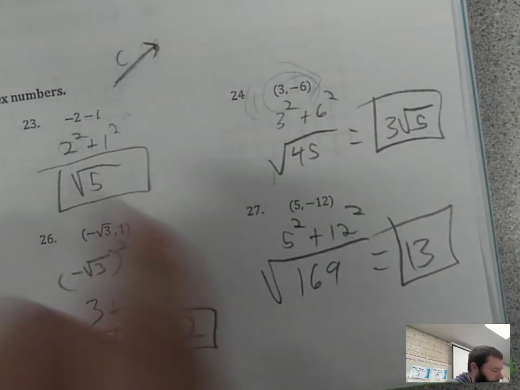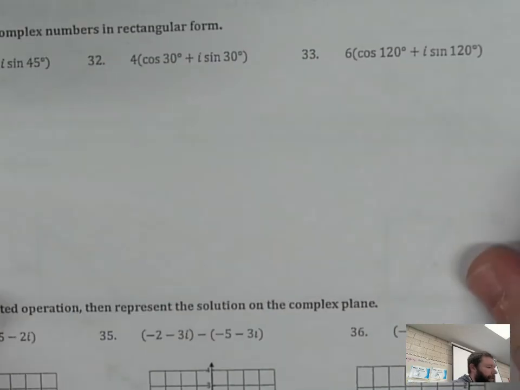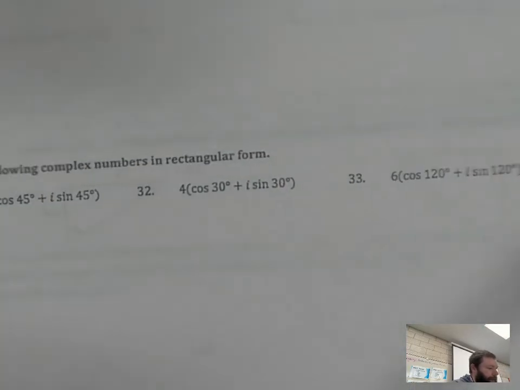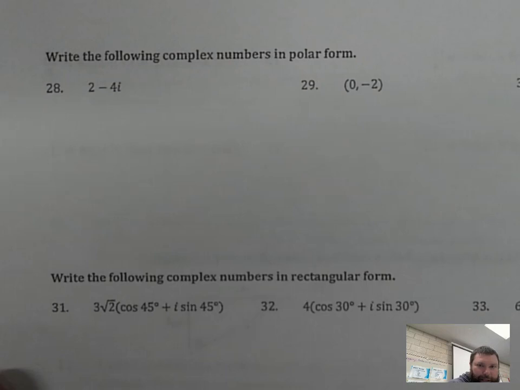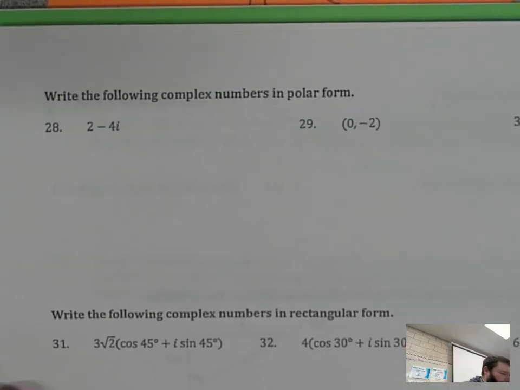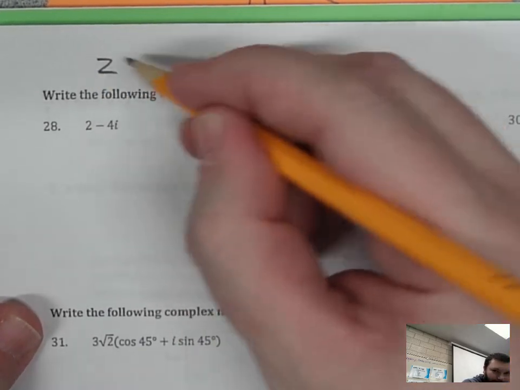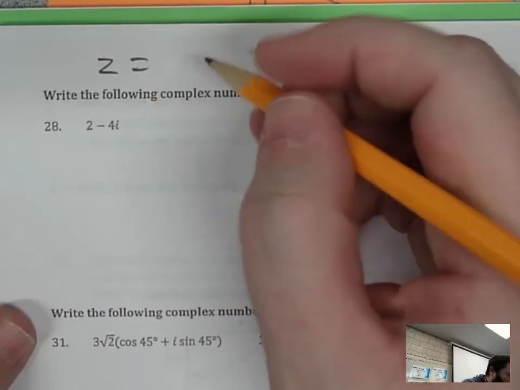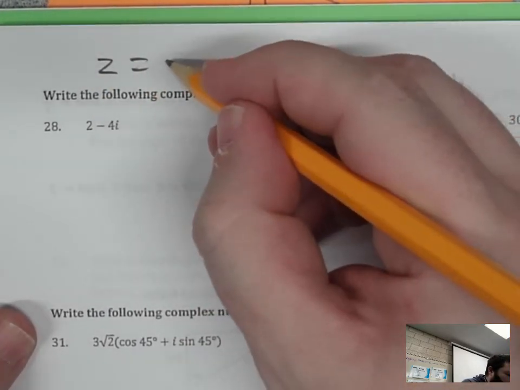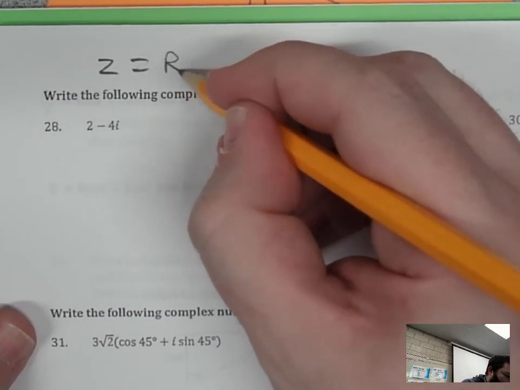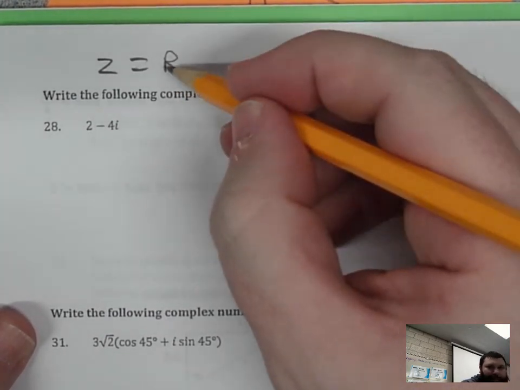Okay, then the next section wants me to write these complex numbers in polar form. So again, the polar form is z, the complex number z, is equal to the moduli, or the r, which also means radius if you're thinking in terms of a circle.